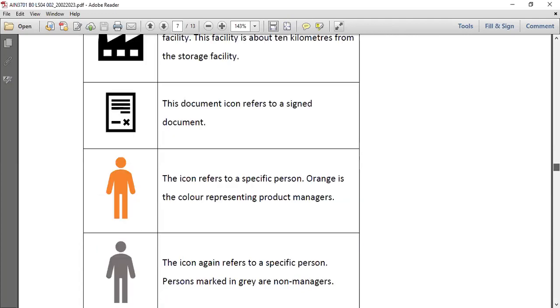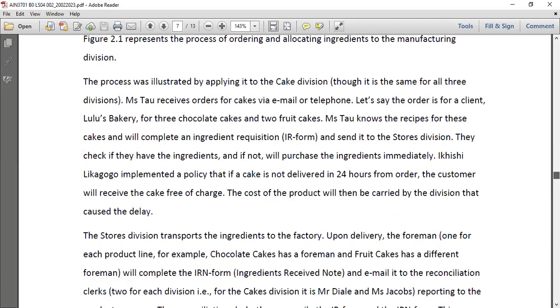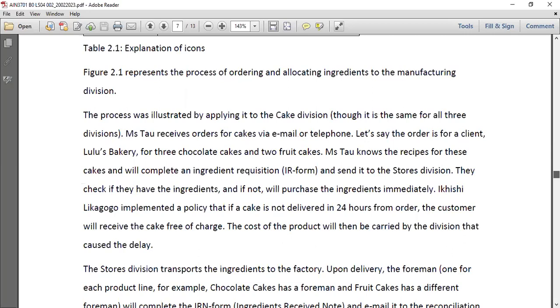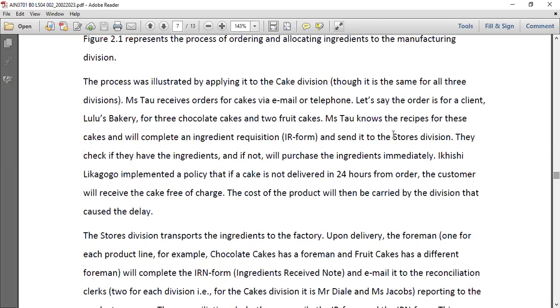So for example, we have this process here. The completion of the ingredient requisition. If we know our standard cakes, what type they are, then a robot can be programmed so that they know that, okay, the cake that has been ordered is this one.